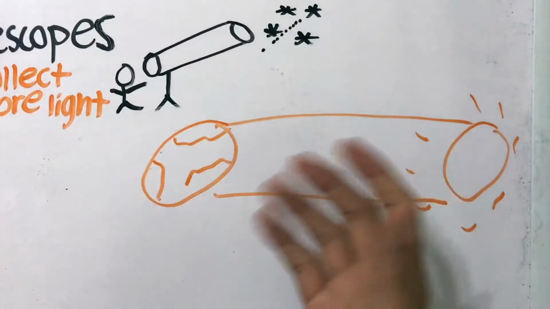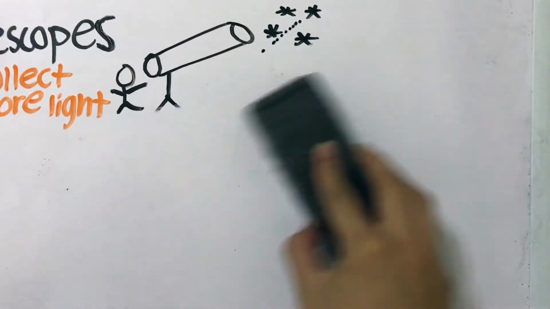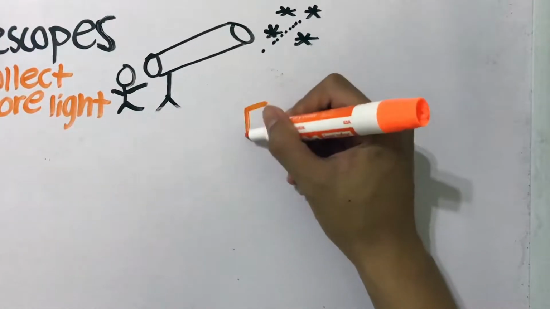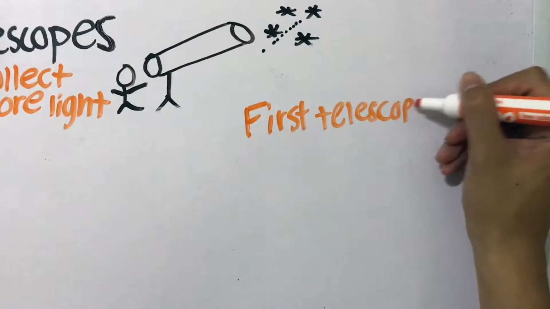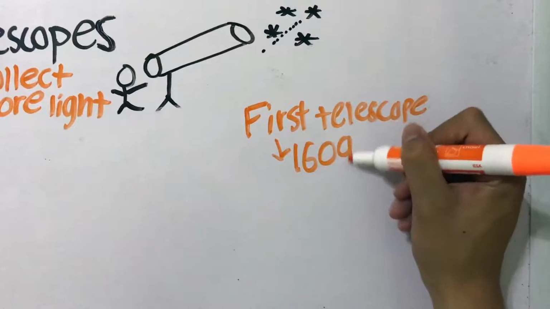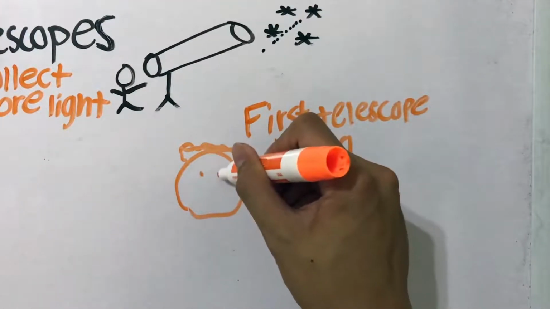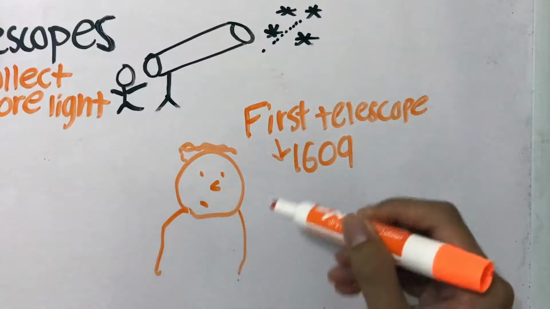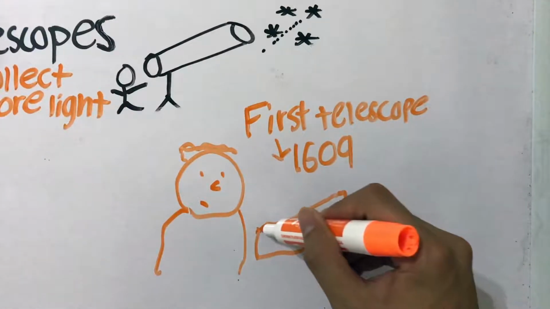So when were telescopes first used? Well, it was used by a man named Galileo Galilei in 1609. So the first telescope was used in 1609, when this man, Galileo Galilei, observed the universe with a refracting telescope.